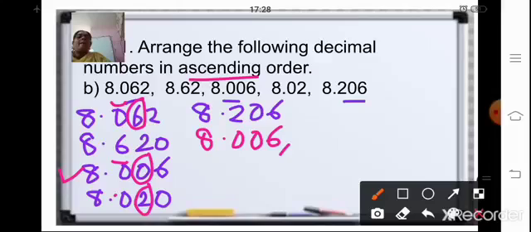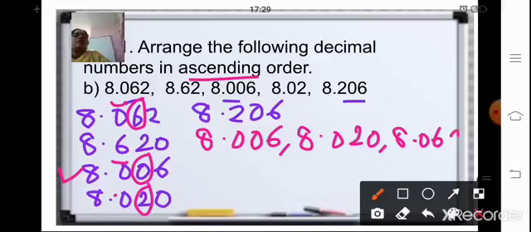Next number is 8.020. Next number is 8.062. Next, now here the number is 8 point, in the 10th place it is 6 and here in the 10th place it is 2.